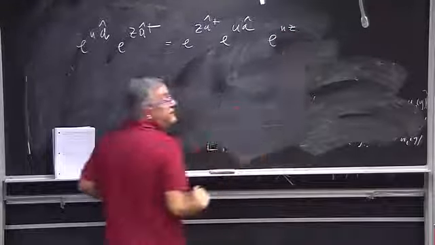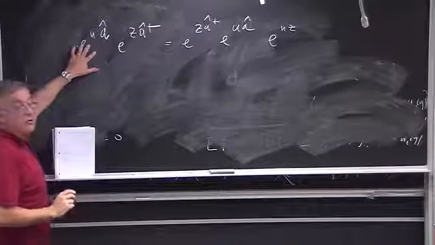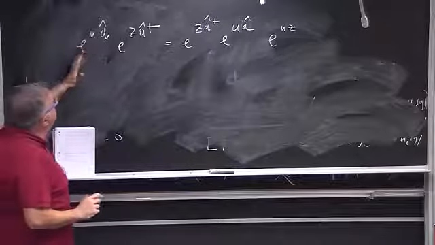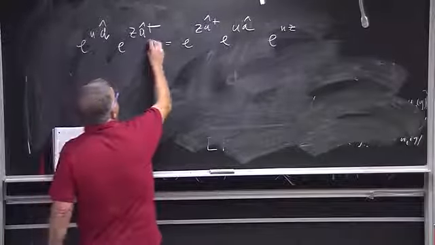U and z are complex numbers. This is the Baker-Campbell-Hausdorff formula.